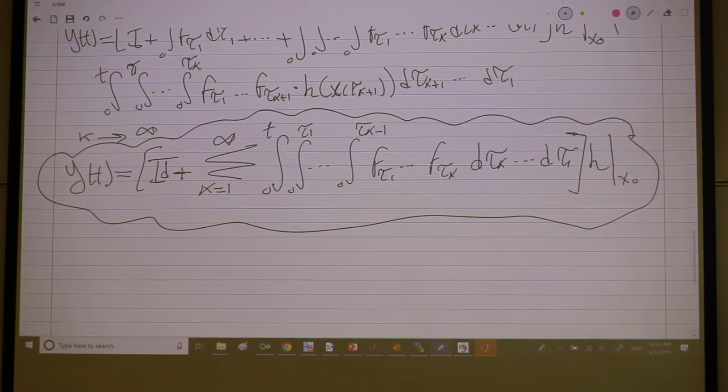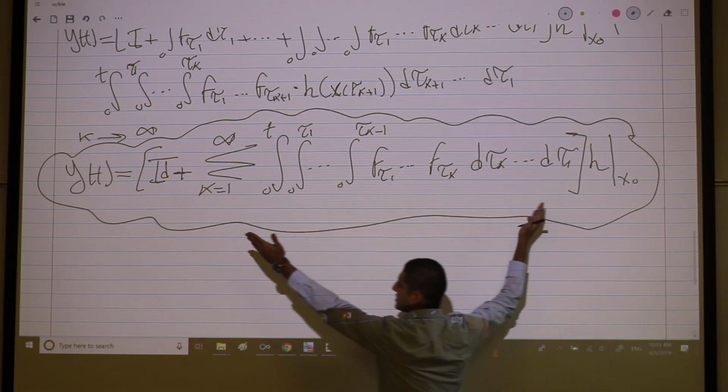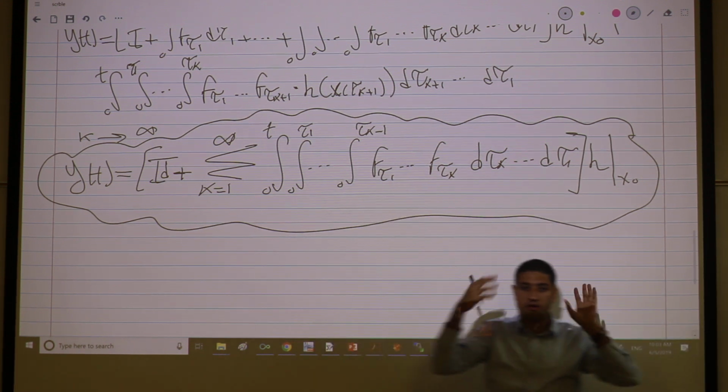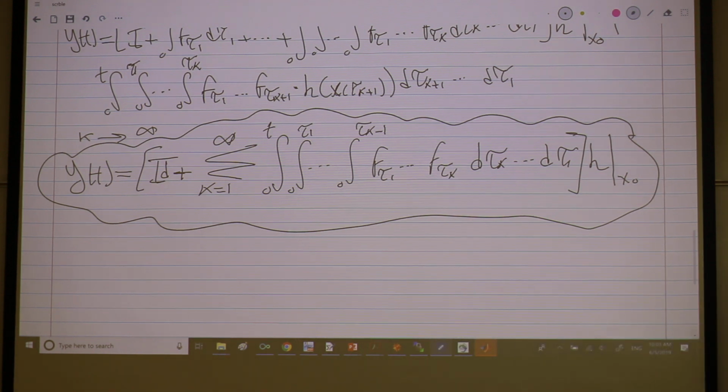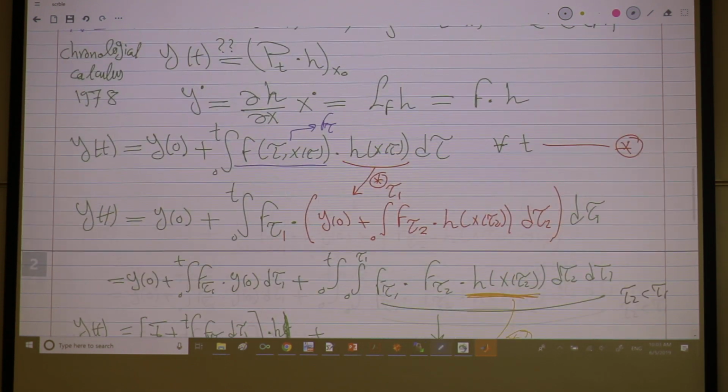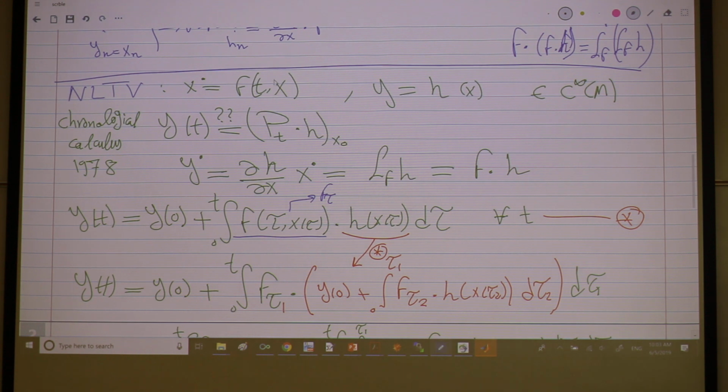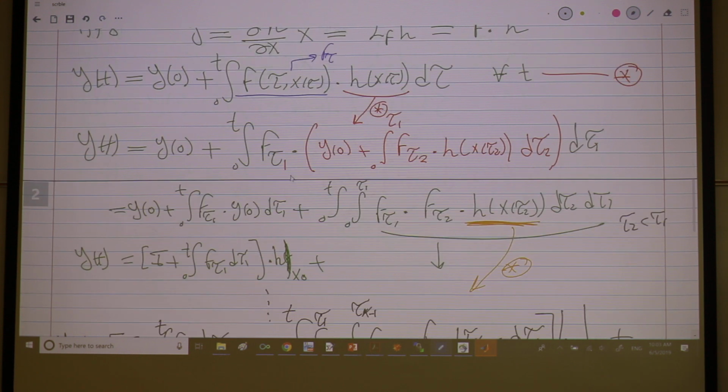Any questions so far? So it seems that this is, between parentheses, a good candidate for our goal, right? Remember, we were seeking an operator P such that the solution of this differential equation for y is just P acting linearly on h evaluated at x naught, right?